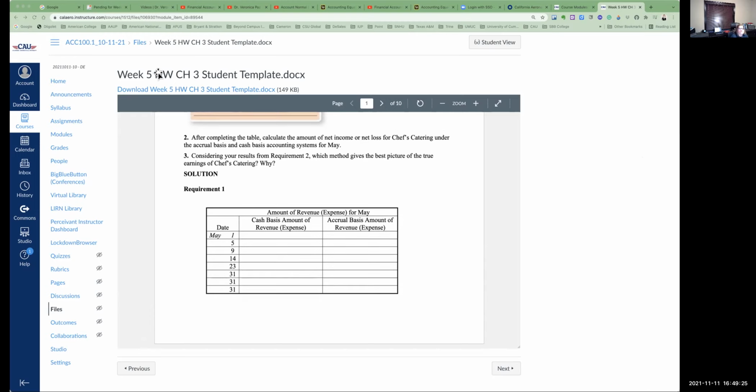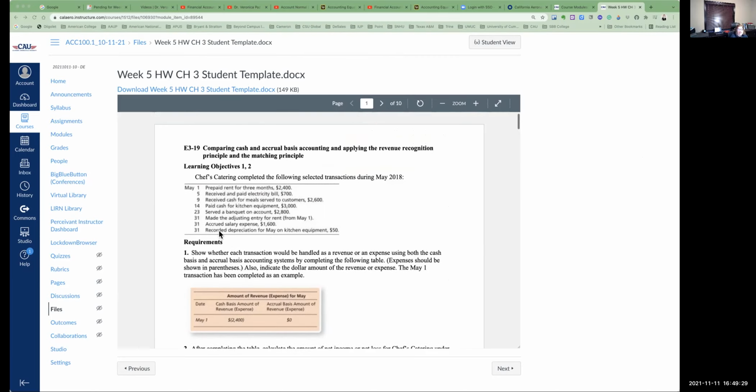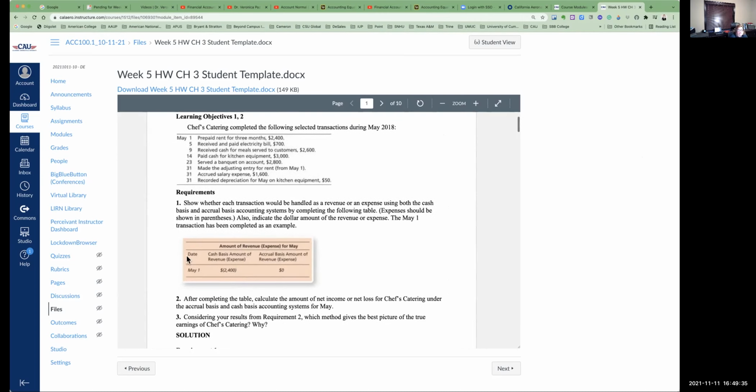So let's scroll up here. It says that Chef's Catering is completing these transactions. You're going to show whether each transaction would be handled as a revenue or an expense using both the cash basis and the accrual basis of accounting.